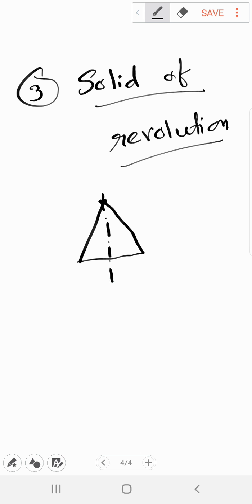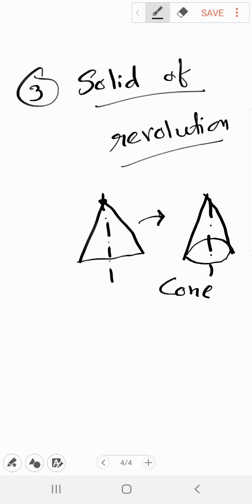Now if I rotate this triangle about its axis, then it will form a cone. So this is one type of solid of revolution.